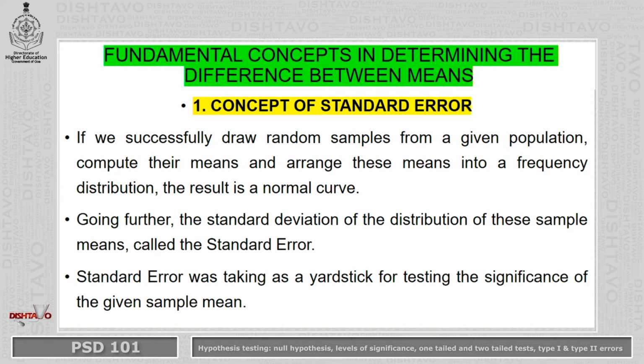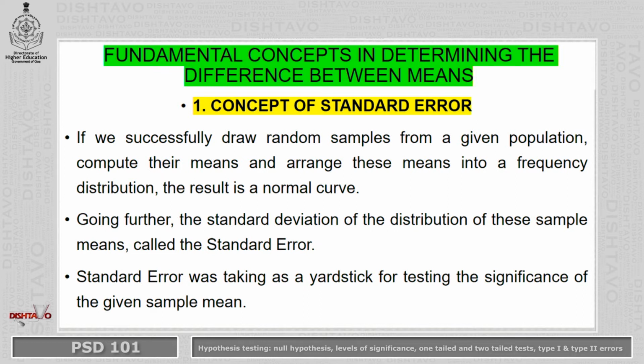Now going further, the standard deviation of this distribution of sample means is what is called the standard error. So deviation refers to difference. This difference that is going to exist amongst a mean is what is called the standard error. It can easily be noted on a chart or a graph.